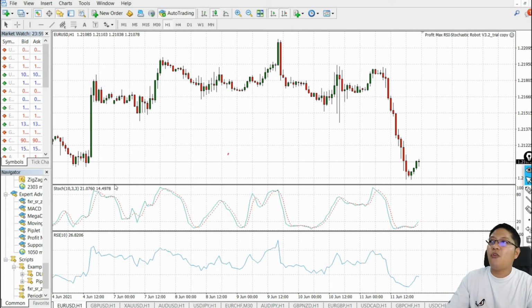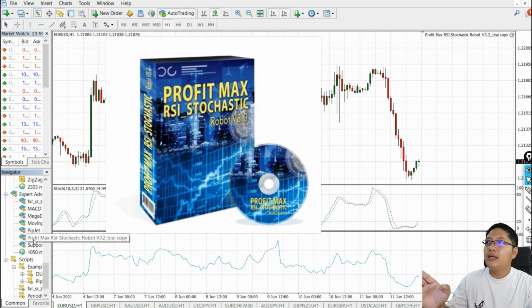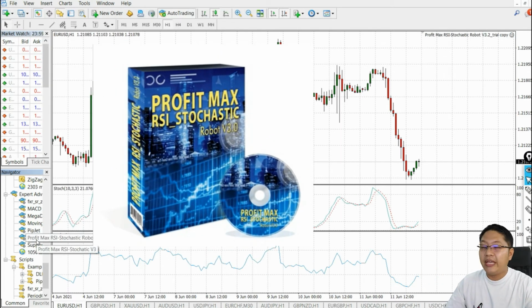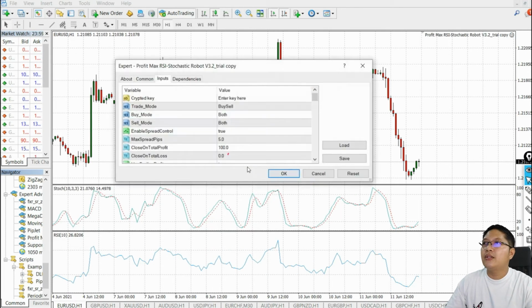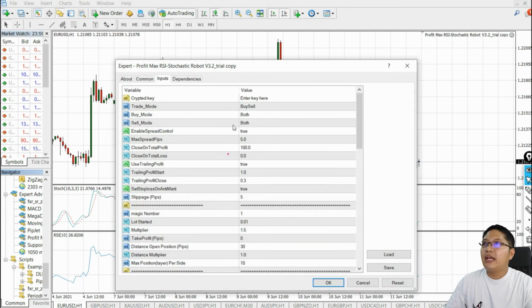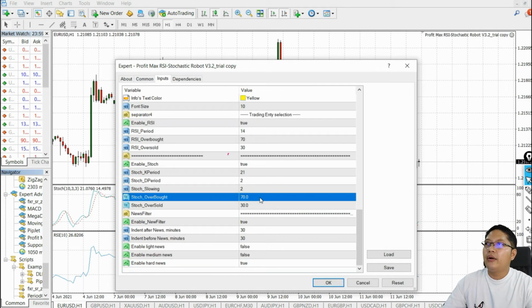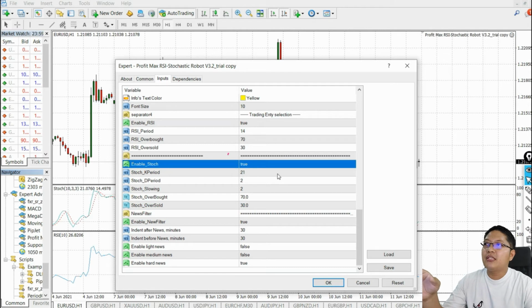I have developed a software for this indicator. We call it the Profit Max RSI Stochastic EA, or robot. As you can see right here, you can have this entry stochastic enabled.